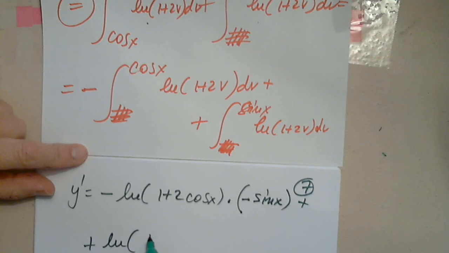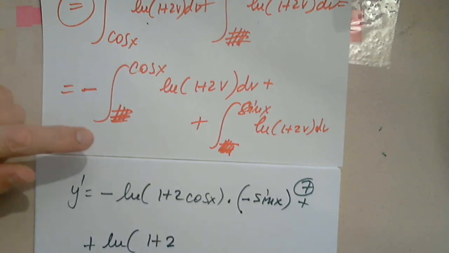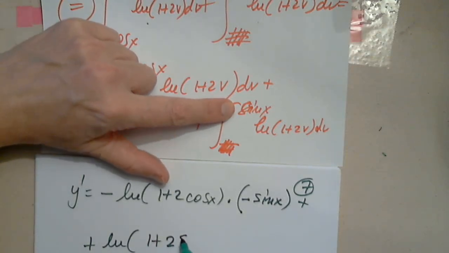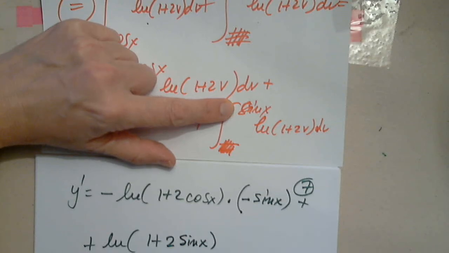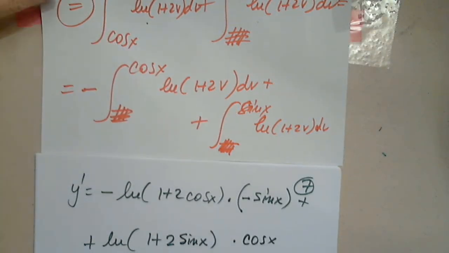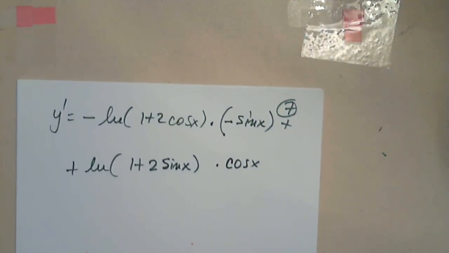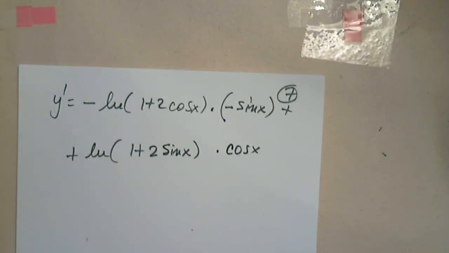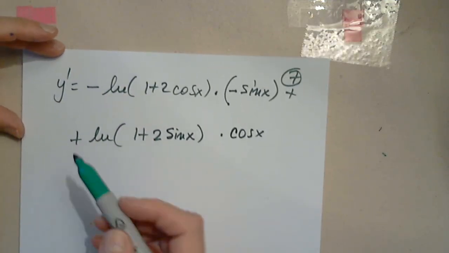Plus, now I differentiate this one. Natural log of 1 plus 2 sine x times the inner function prime, which is cosine x. So it was basically the same thing, we just needed some prep.